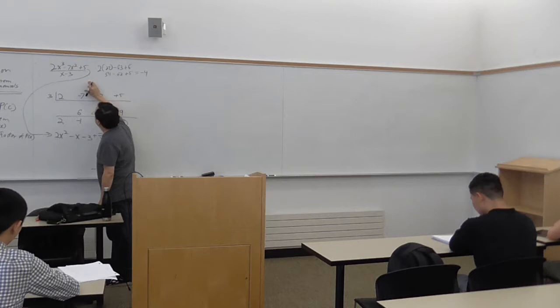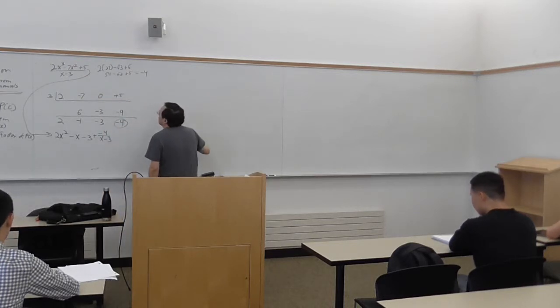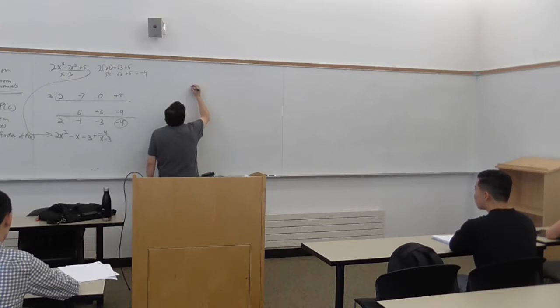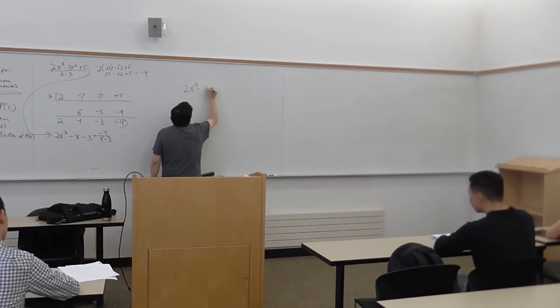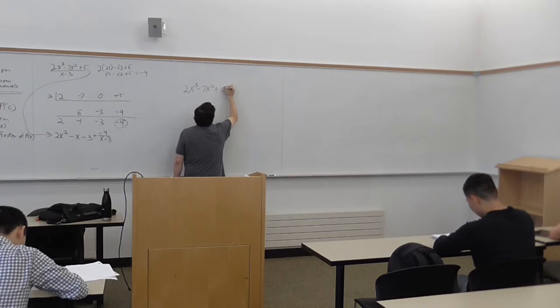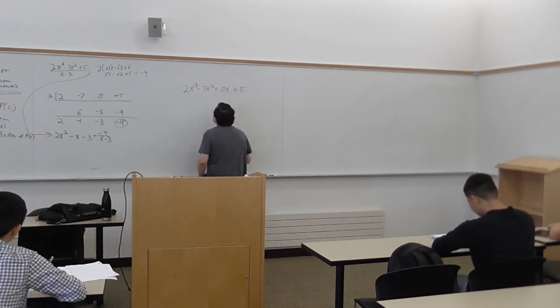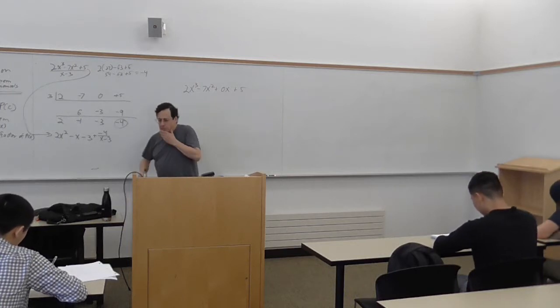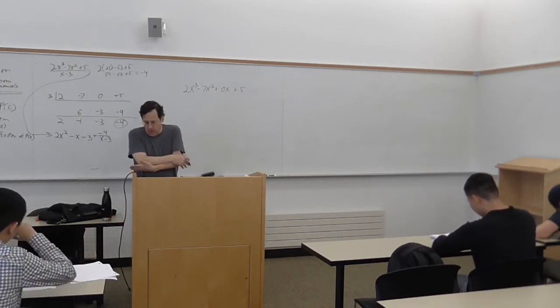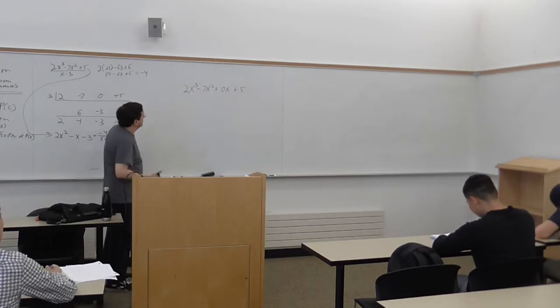I want to go finally back down to synthetic division. I'm going to write down my problem here: 2x cubed minus 7x squared plus, I don't want to forget my x term, plus 5. And I want to rewrite it a certain way.